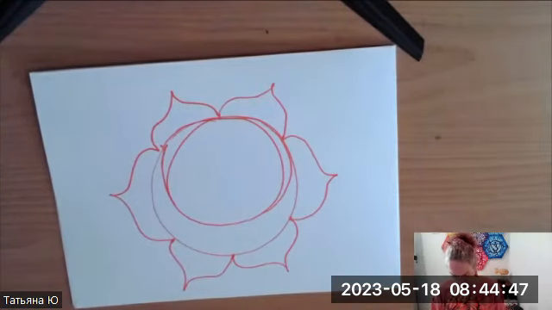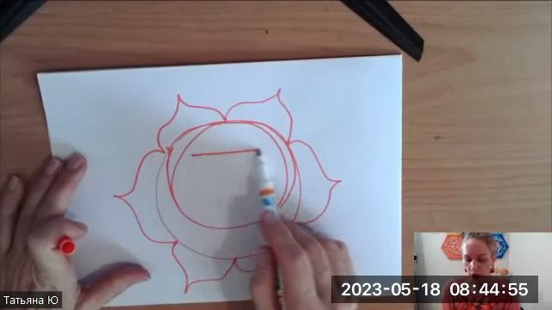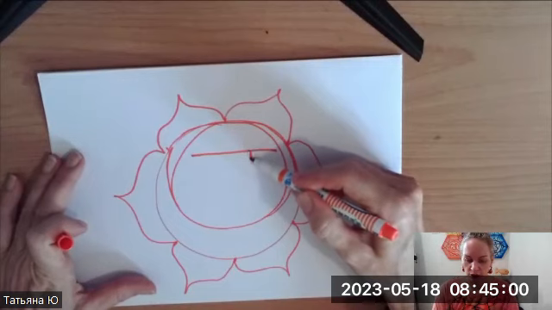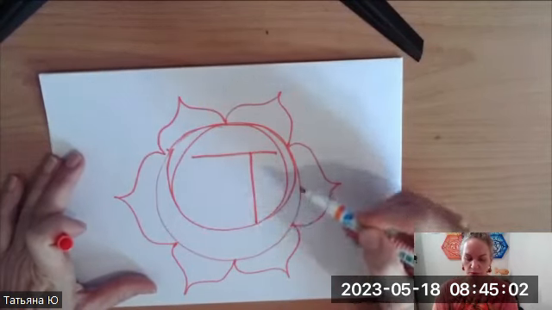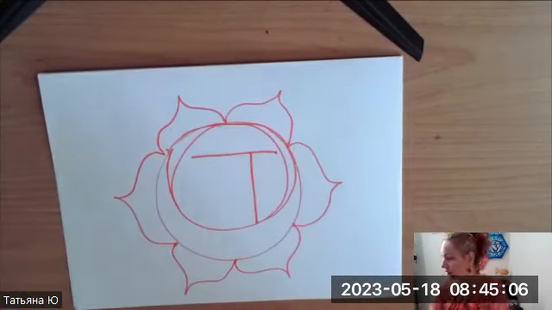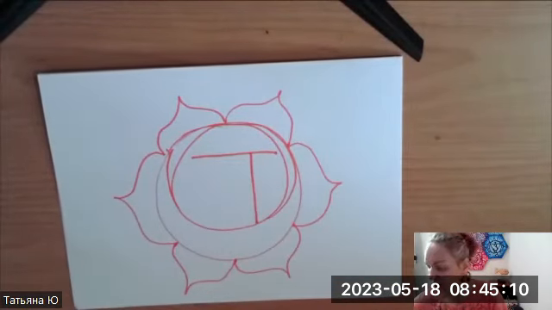Okay. And now we are drawing the symbol of the chakra. It's a long line, and after this, it's a straight line down.